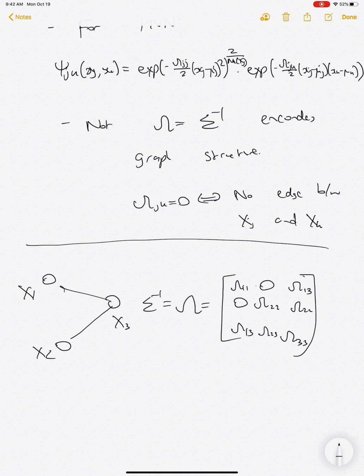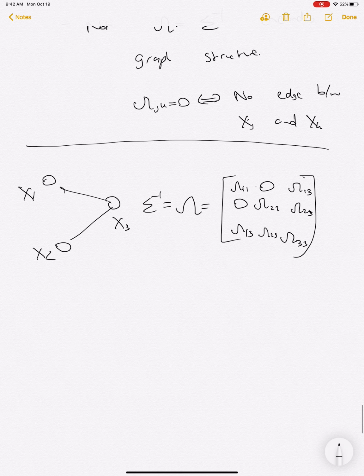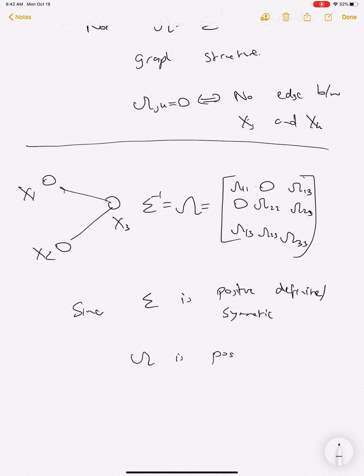The other thing I haven't mentioned, but is going to be true based on properties of matrices: since sigma is positive definite and symmetric, the inverse is also positive definite and symmetric.